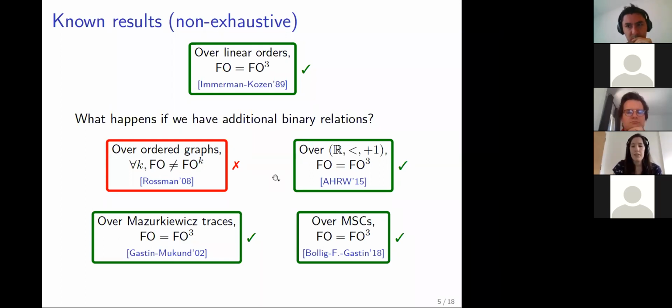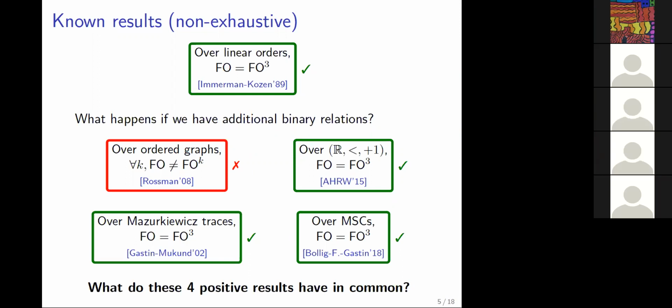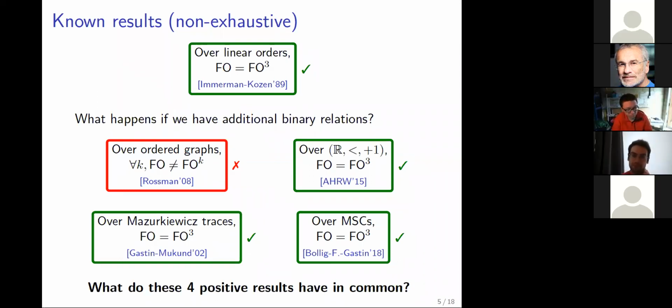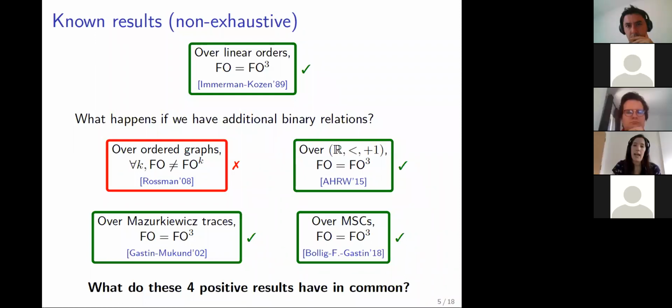Okay, so what I wanted to do is try to identify what all these cases where we have the 3 variable property have in common. What are the features that are sufficient to ensure that we have the full expressive power of first order logic with only 3 variables? And the answer to that is monotonicity.